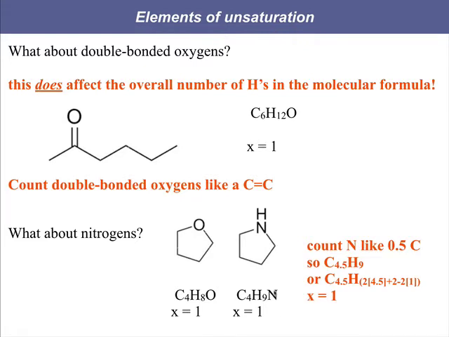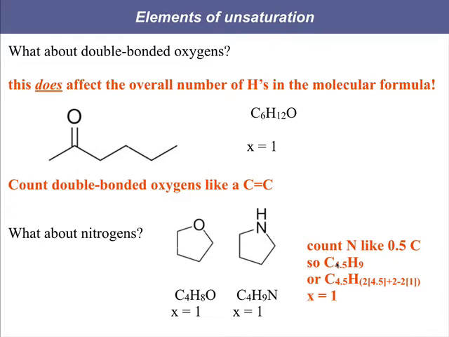So how does this work? Well, we're going to count nitrogen like half of a carbon, meaning that we're going to treat this molecule as if it has 4.5 carbons. If this has 4.5 carbons, what's the maximum number of hydrogens that we could have? Remember, it's 2 times the number of carbons plus 2.